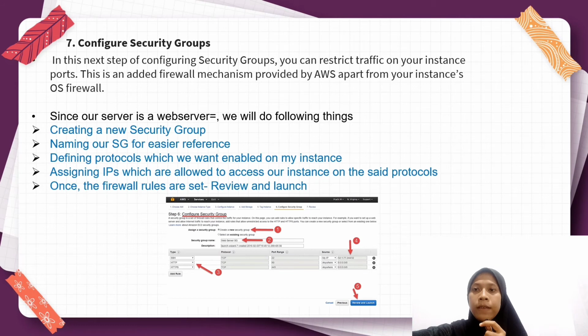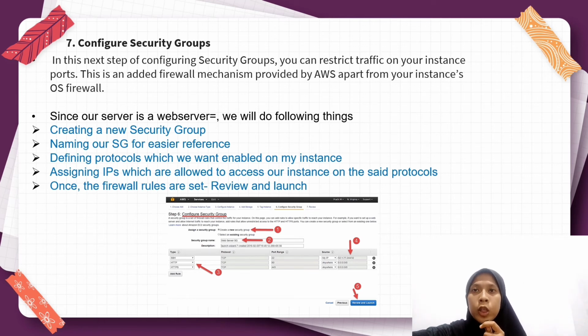For the seventh step, configure security groups. In this step of configuring security groups, you can restrict traffic on your instance ports. This is an added firewall mechanism provided by AWS apart from your instance OS firewall. Since our server is a web server, we will do the following things.